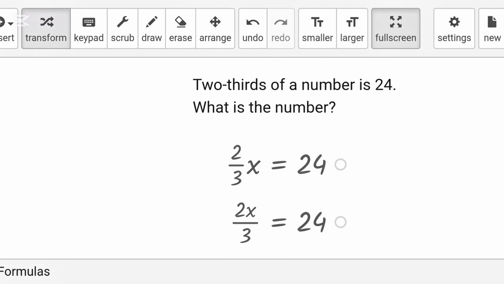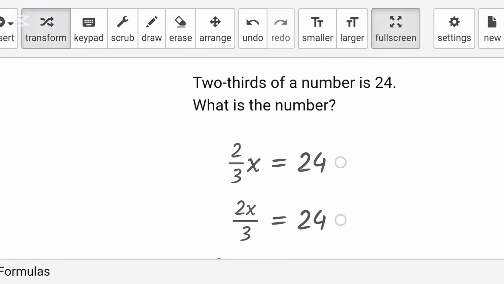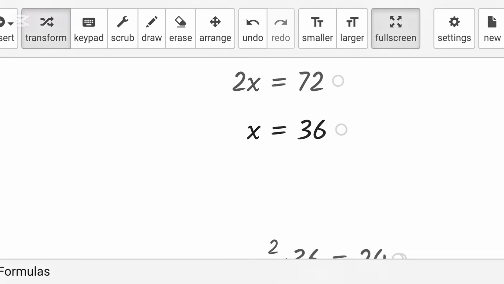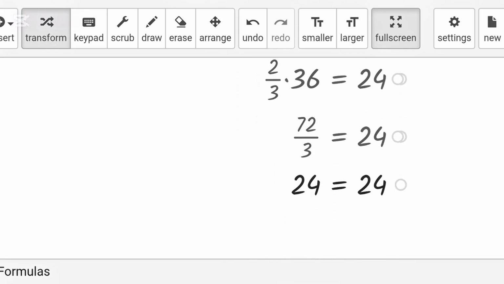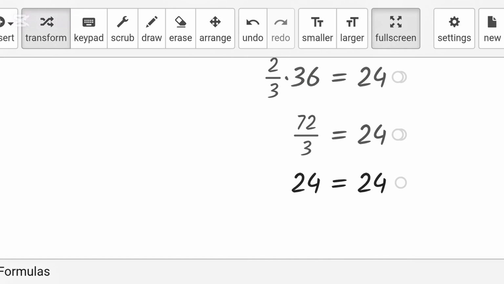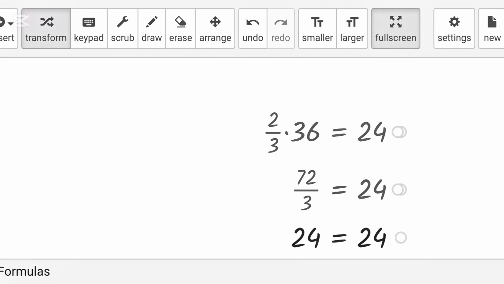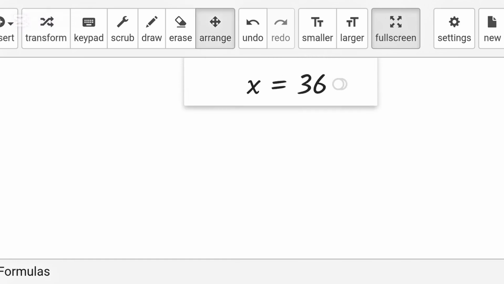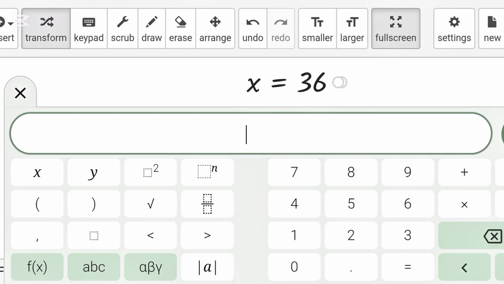But let's do that on the side. So we have 2/3 of a number is 24. So let's go ahead and check if that is correct. So we go ahead and say 2/3 of a number.